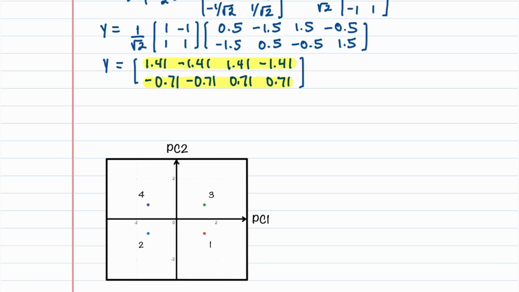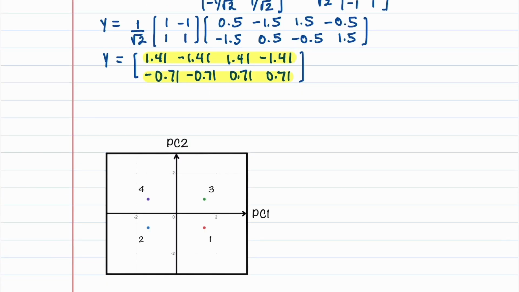These values tell us where each observation lies in the new PCA coordinate system. Down here at the bottom, I have plotted our new axes and points. Just so that you can understand this better, this is point 1, this is point 2, and then we have point 3 and point 4.